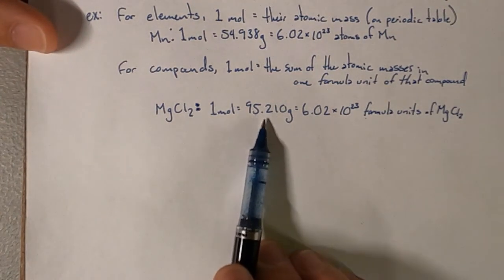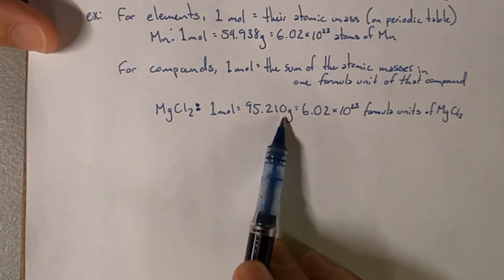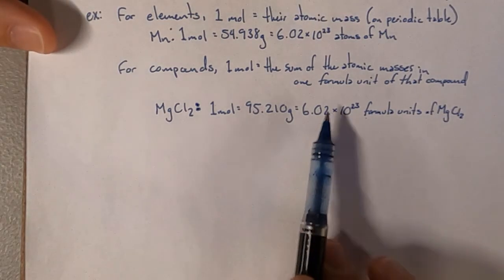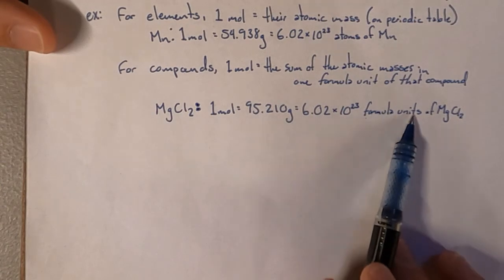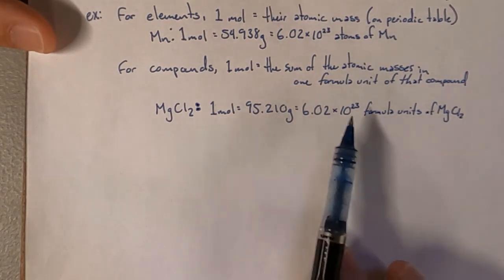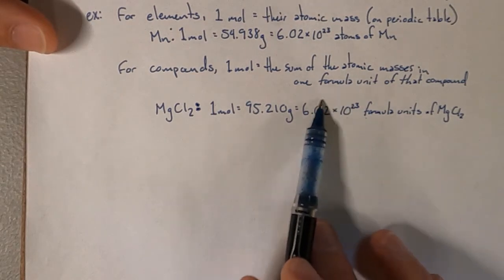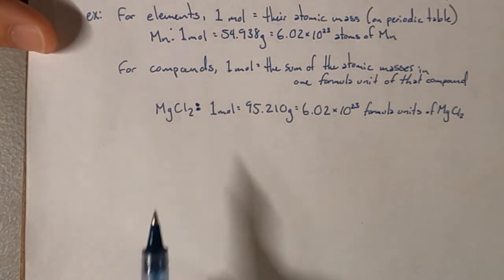So in 95.210 grams of magnesium chloride, that is 1 mole of it, and there are this many formula units of magnesium chloride. So there are this many magnesium atoms and twice this number of chlorine atoms.